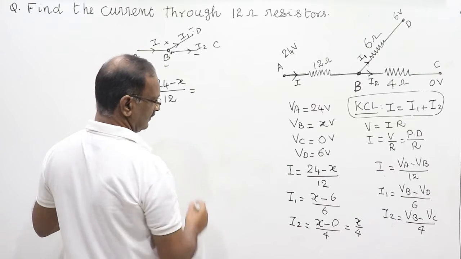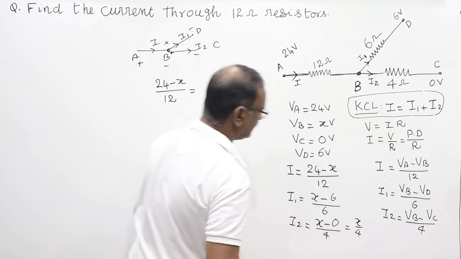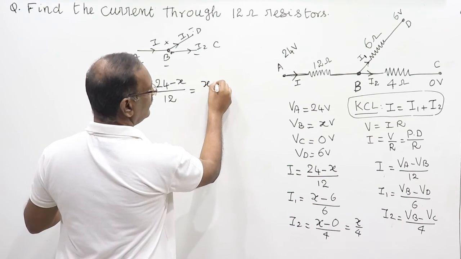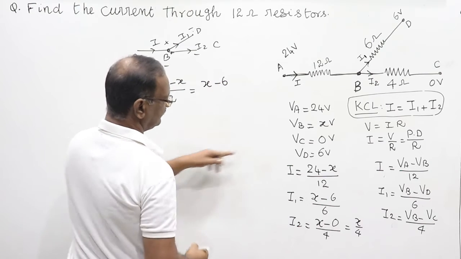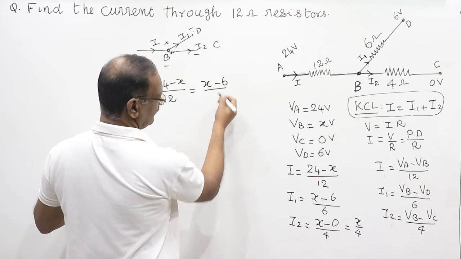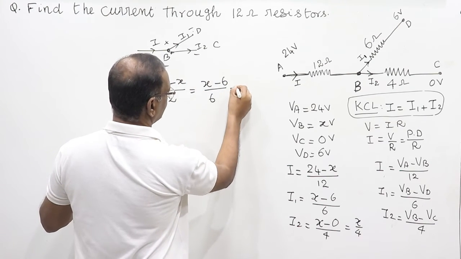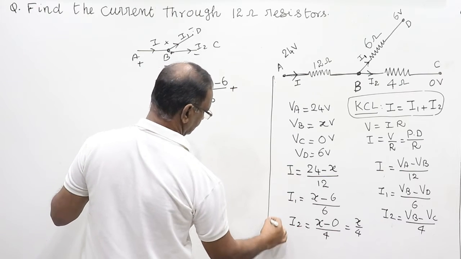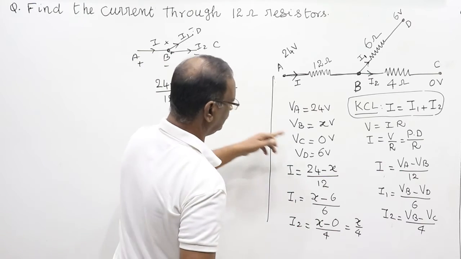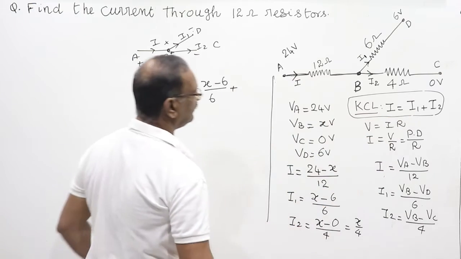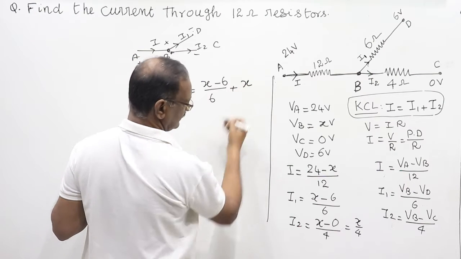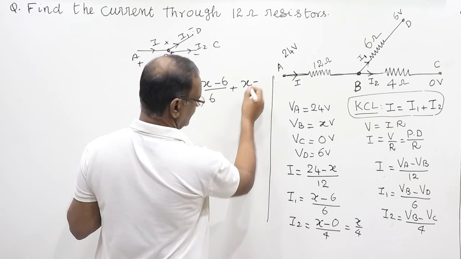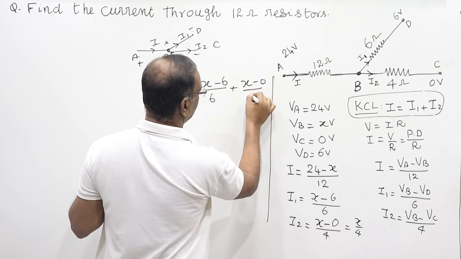I1 is equal to X minus 6 divided by 6, plus I2, which is X minus 0 divided by 4.